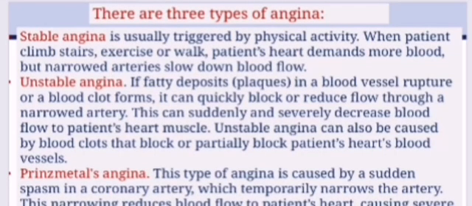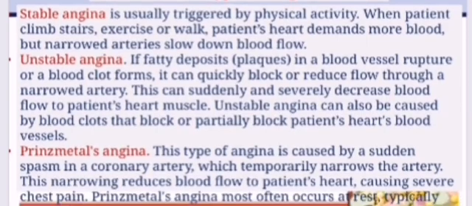Unstable angina: fatty deposits clog a blood vessel, rupture, or a blood clot forms, quickly blocking or reducing flow through a narrowed artery. This can suddenly and severely decrease blood flow to the patient's heart muscle.